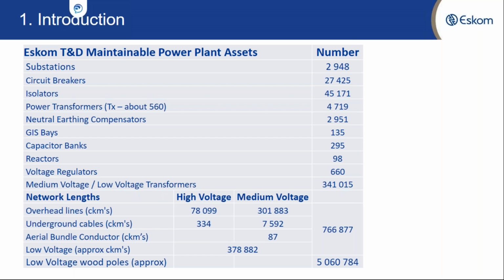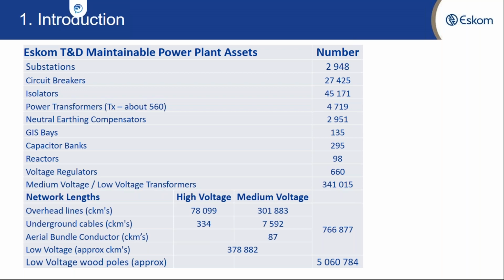These substations consist of a variety of assets indicated below the substation on the list. The circuit breakers, we are looking at quantities of over 25,000, while isolators, we have well in excess of 45,000. The power transformers, we have 4,719, and these are transformers of greater than 1 MVA.